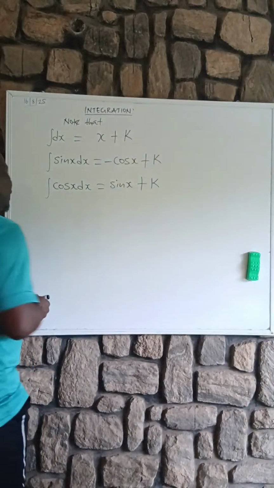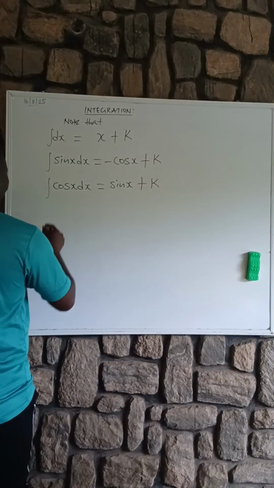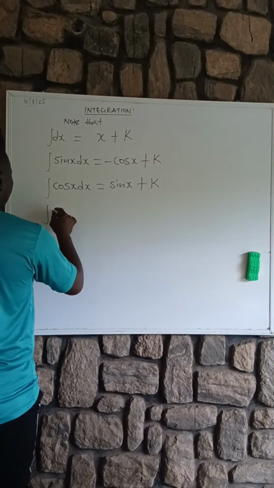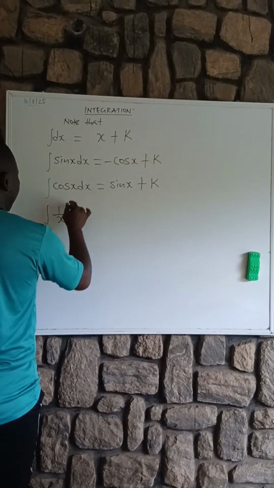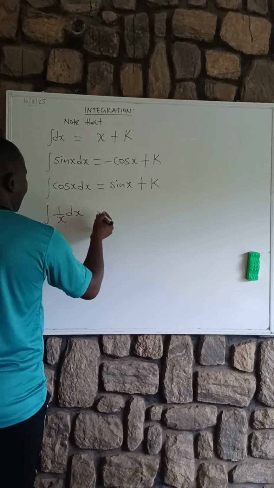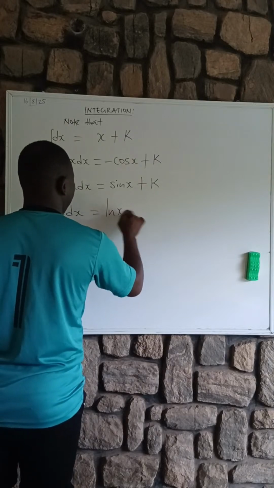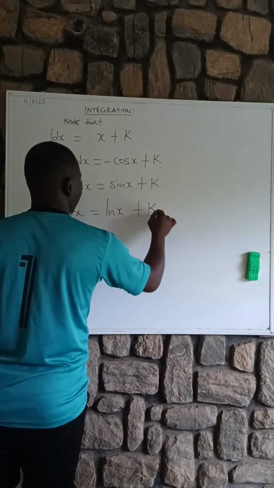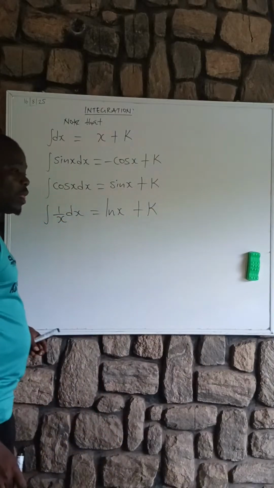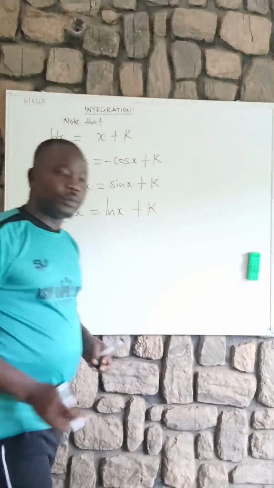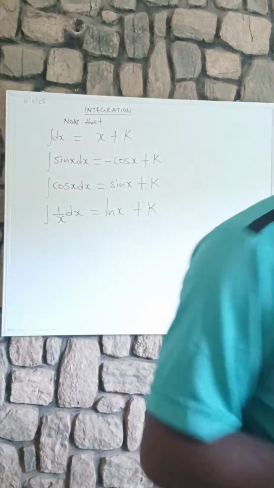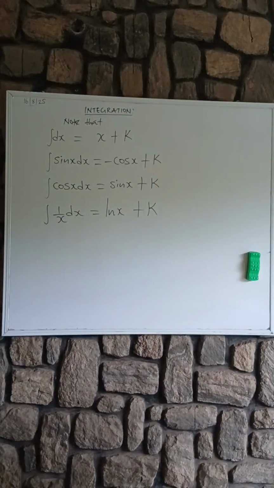If you are to integrate 1 all over x dx, you are going to have ln x plus any constant. Please take note. Do you agree with me? Look at the board very well.